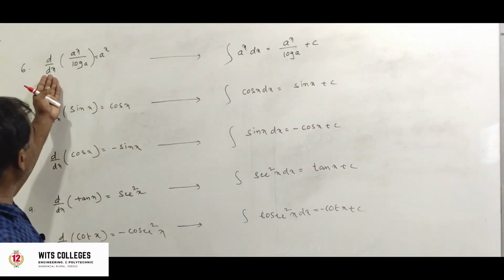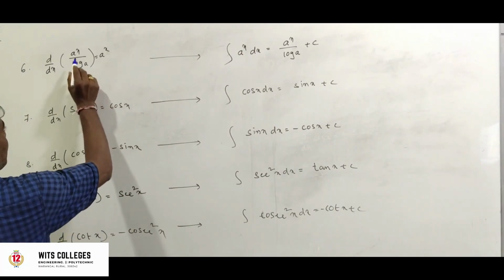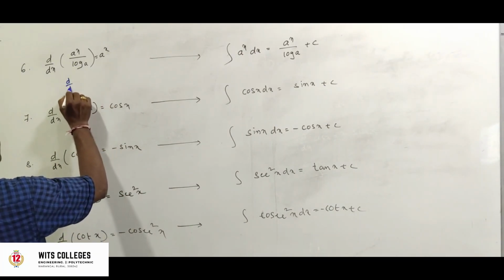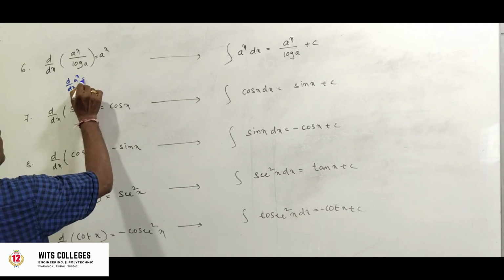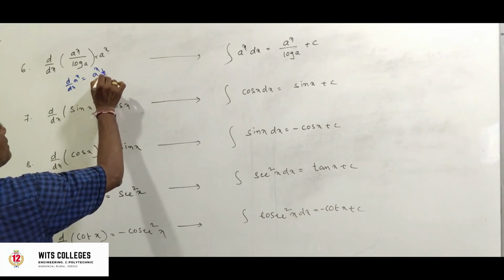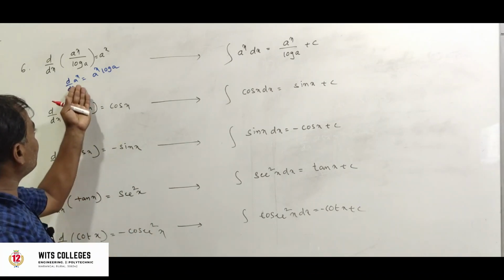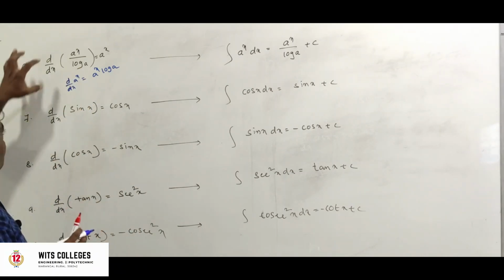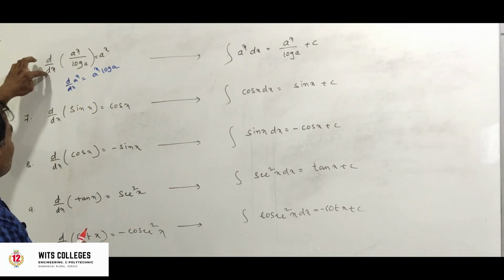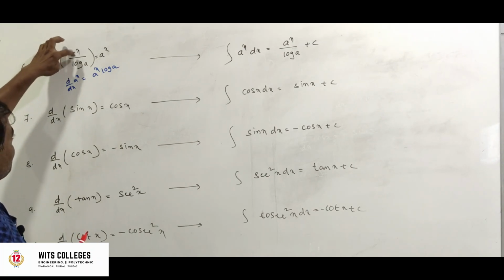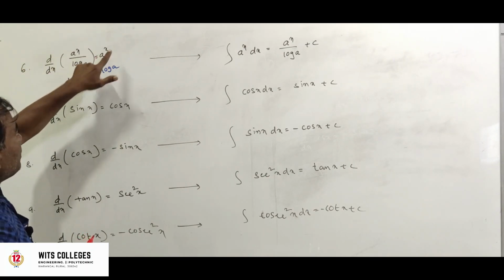Okay, now d by dx of a power x equals a power x log a. So this is the derivative of a power x. Here we write d by dx of a power x by log a equals a power x. Why?